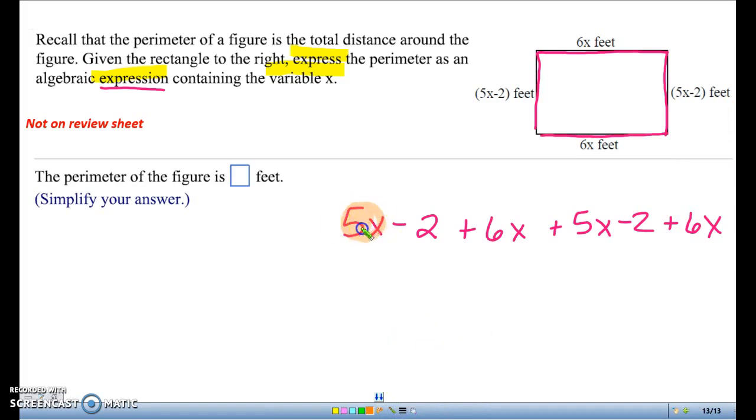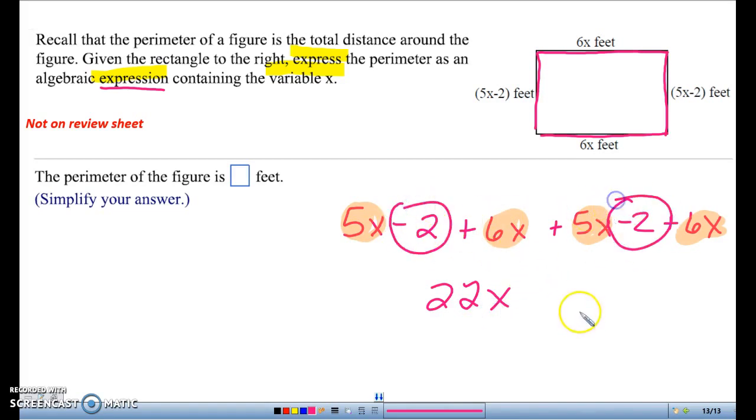I have 5x here, plus 6x here, plus 5x here, plus another 6x here. How many x's do you have altogether? 6 plus 6 is 12, plus another 10 gives you 22x. And then we're going to take a minus 2 and add it to another minus 2. That's minus 4. Now I want you guys to take a look.